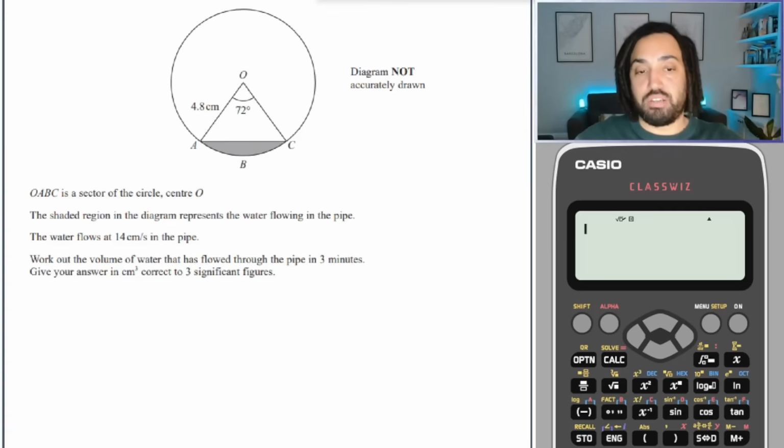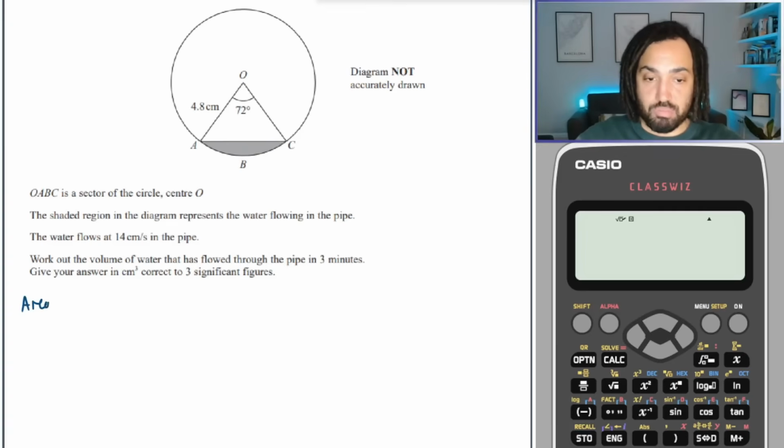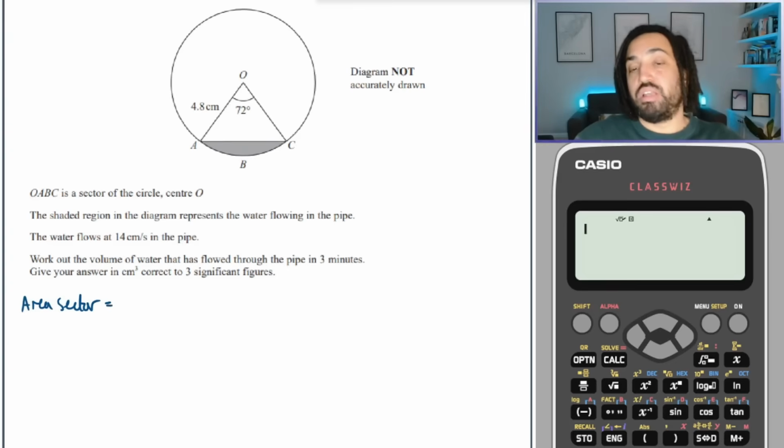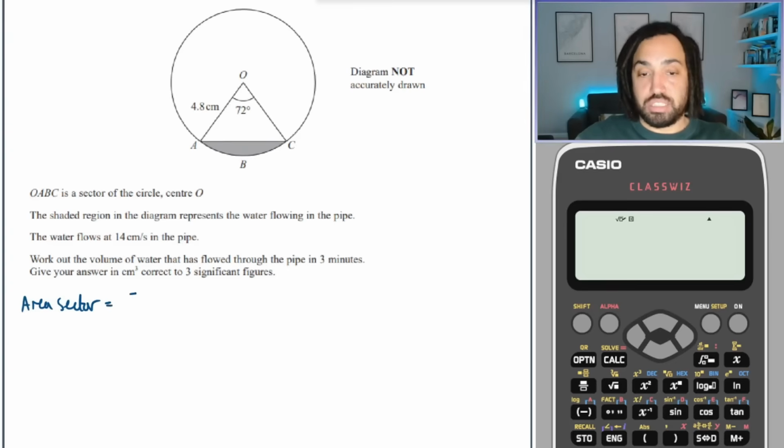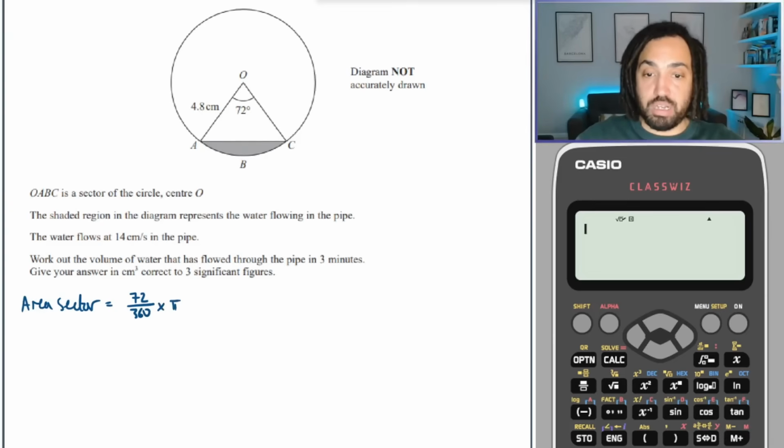Well, we're going to work out the area of the sector. And that is 72 degrees over 360. That's the fraction of the circle that we are using, times by pi r squared. Okay, great.